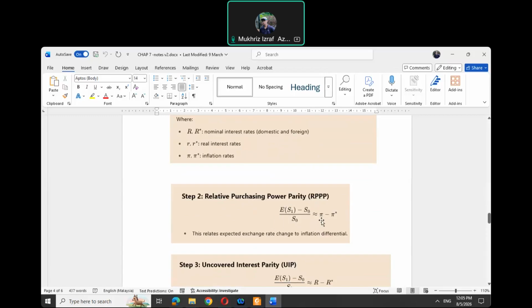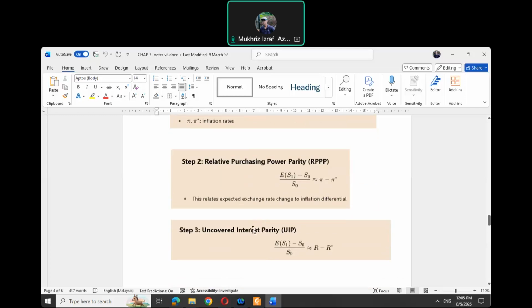Changes in exchange rate is equivalent to the changes in inflation rate between two countries. Okay, so this is our relative purchasing power parity. The word relative stands for we are comparing changes in exchange rate to the changes in inflation between two countries.